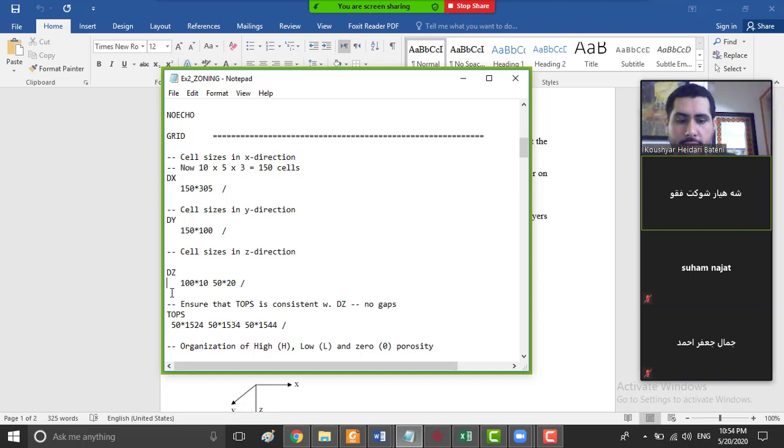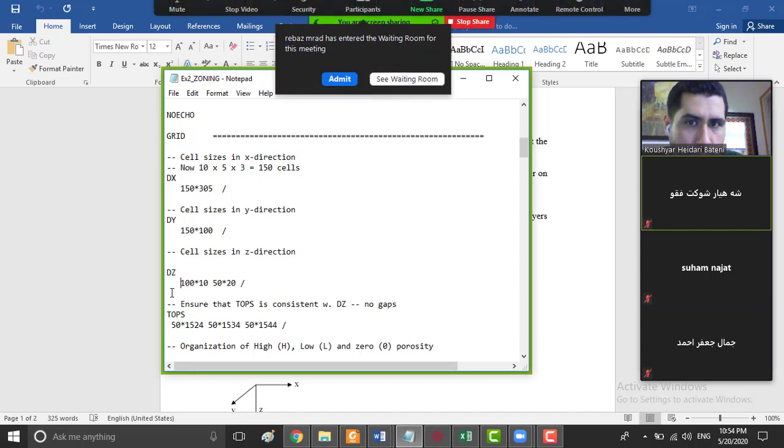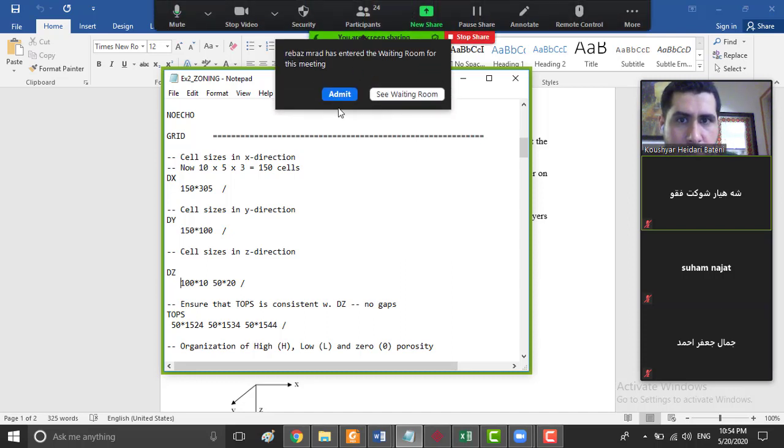Now, guys, this part is very, very important. When we write 100 star 10, it means that I have the data equal to 10 for the first 100 cells. Okay, that is the meaning.